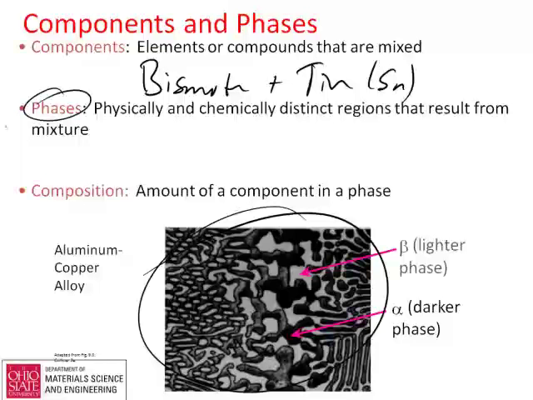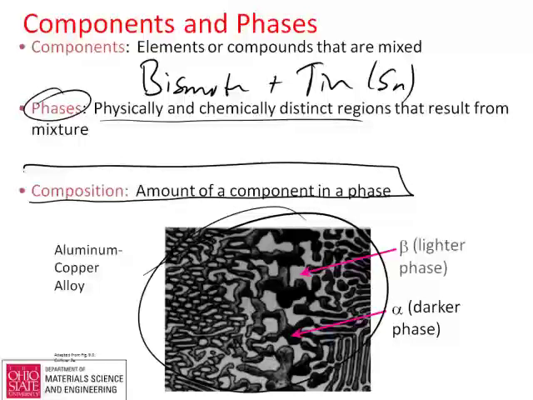Those things can either form compounds or solutions or stick as pure elements. Just by thermodynamics, things almost never stay as pure elements. But phases we just define as regions that are physically and chemically distinct. And each of these phases has a given composition associated with it, which is the amount of each component that goes into those phases.